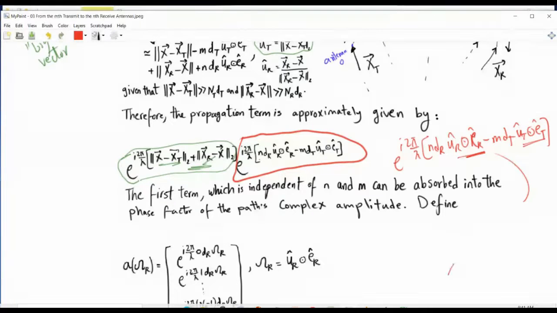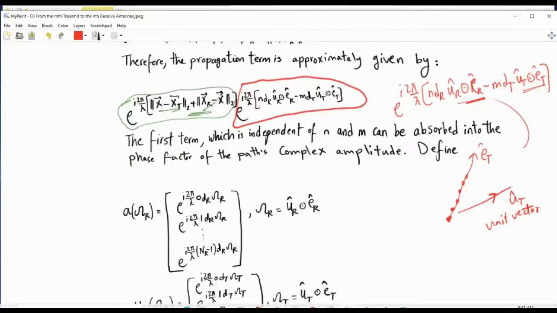So what is e_t? e_t is a unit vector in the direction of the transmitter array. Okay, so this is the transmitter array, and this is a unit vector in the direction, again, of the transmitter array. What is u_t? It is the vector here, basically from x_t, so it is a unit vector in the direction of the scatterer.